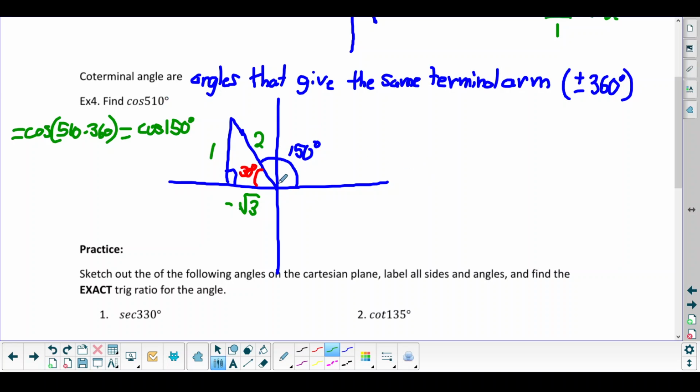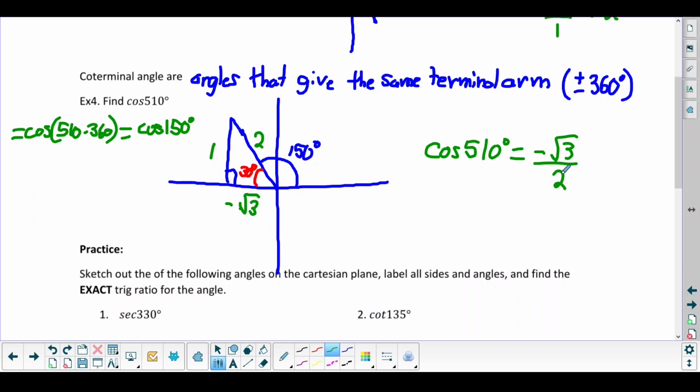So using the reference angle once again, cosine, that's adjacent over hypotenuse, which is going to be negative root 3 over 2. So we can finally write cosine of 510 degrees is equal to adjacent over hypotenuse, negative root 3 over 2.